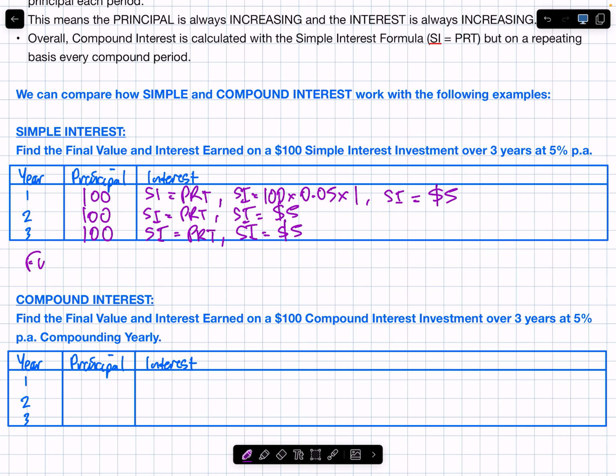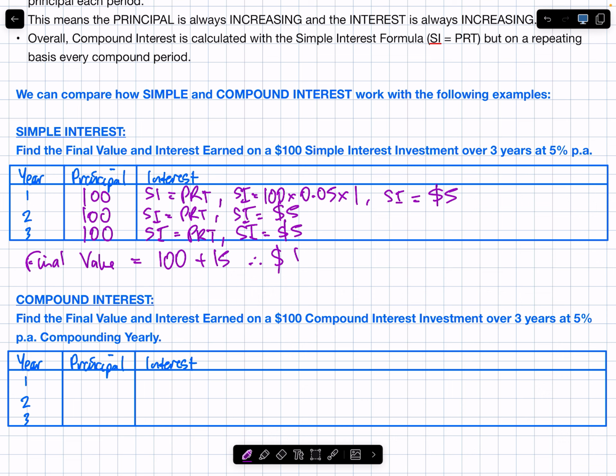So find the final value. Well, the final value will be, what was your principal? $100 plus how many bits of interest did I earn? I earned 5, I earned another 5, and I earned another 5. What's that in total in interest? 15.